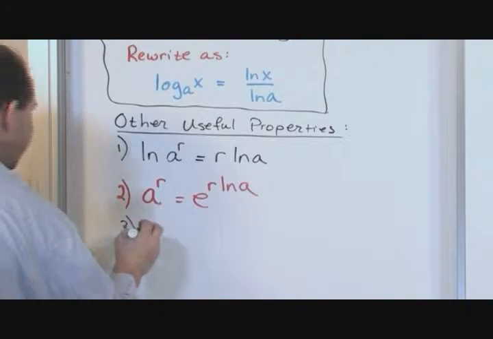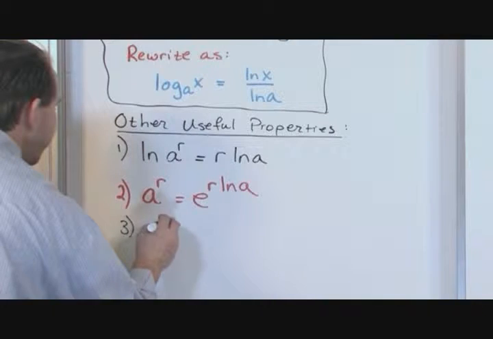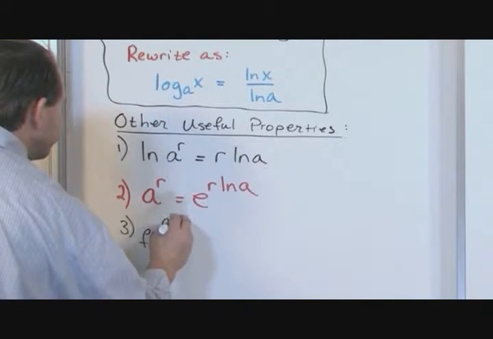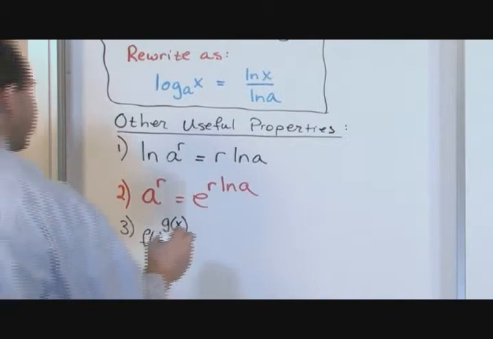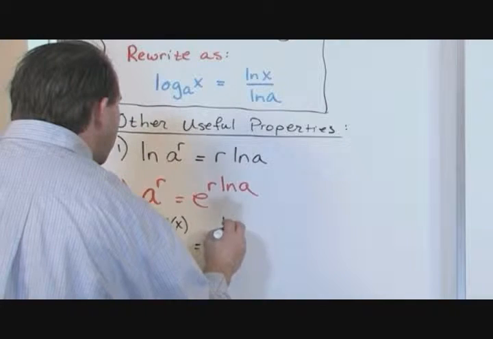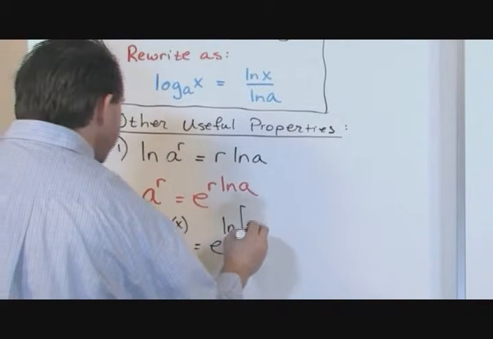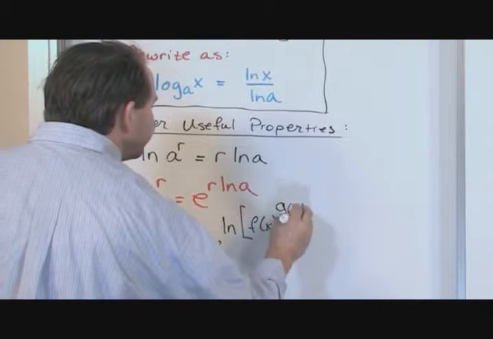Number three, if I have f of x, which is some function, raised to the power of g of x, so a function raised to the power of a function, then I can rewrite this as e to the natural log of this function raised to this function.